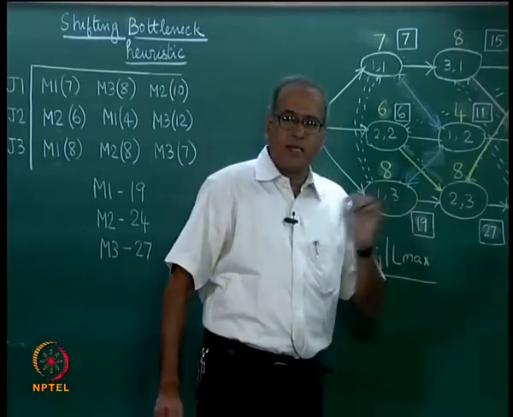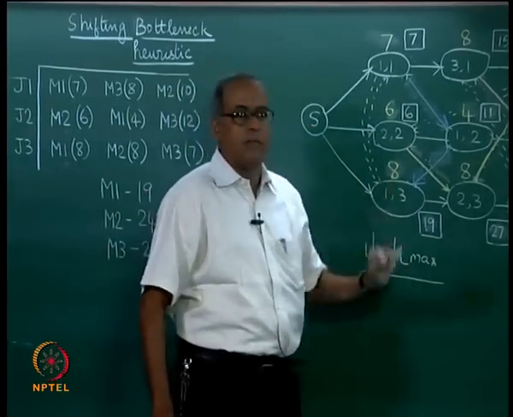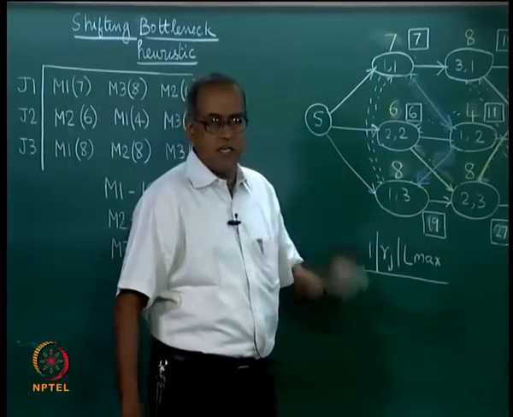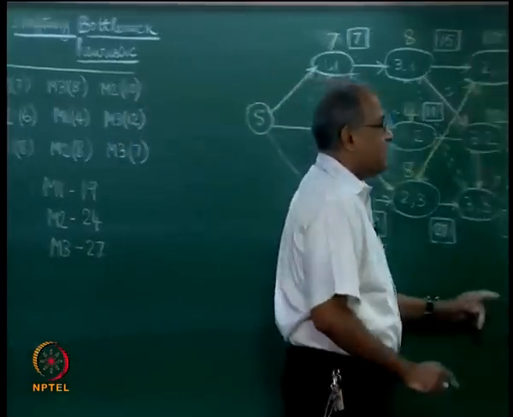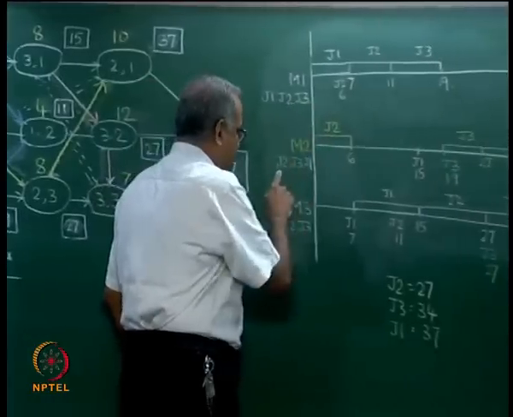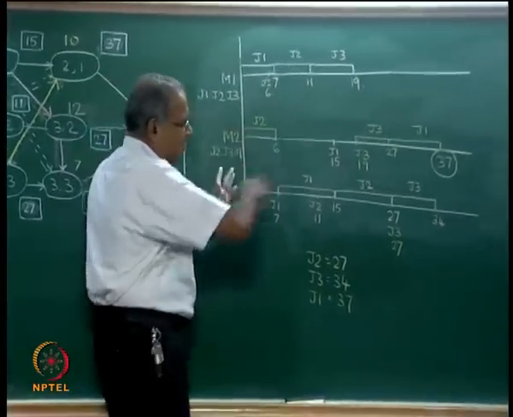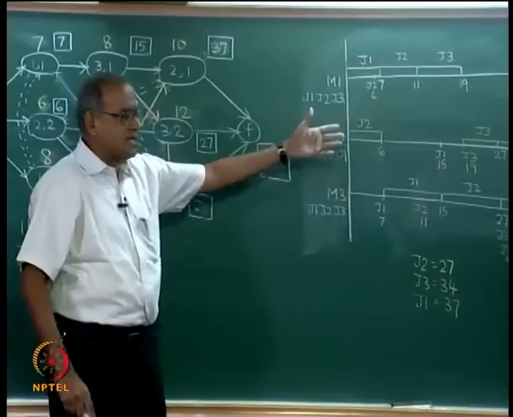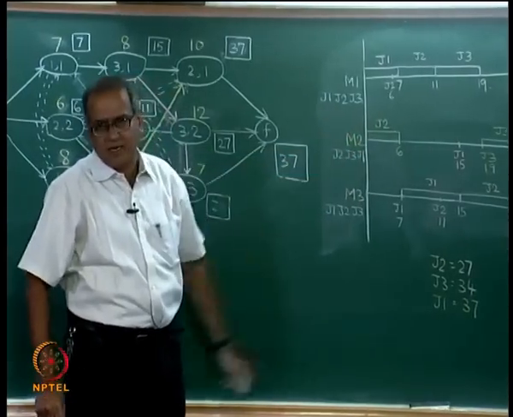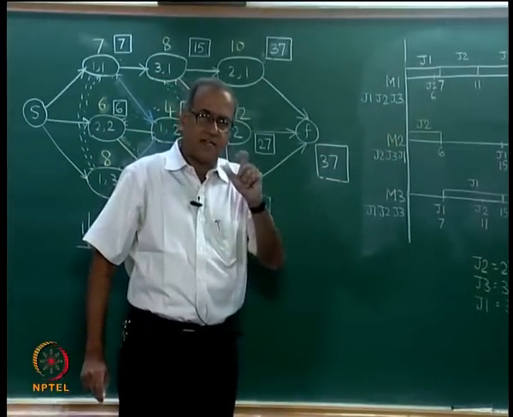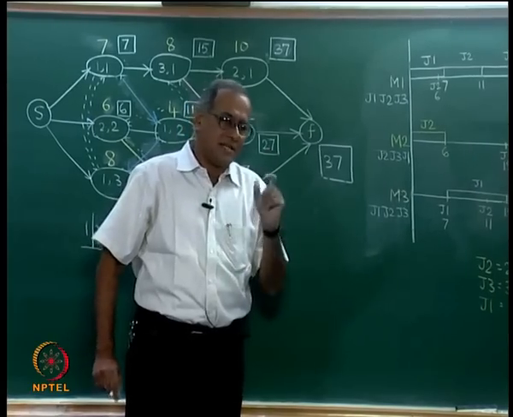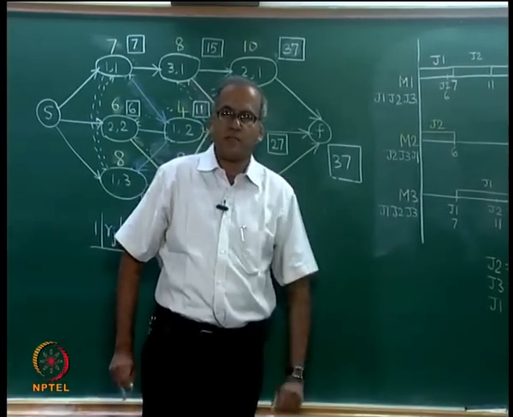It provides an alternative to a dispatching rule based approach to solve a job shop scheduling problem, because this sequence, 1 2 3 or 2 3 1, or suppose we take a shortest processing time based Gantt chart, then it gives a certain sequence for each machine that is obtained through a dispatching rule.